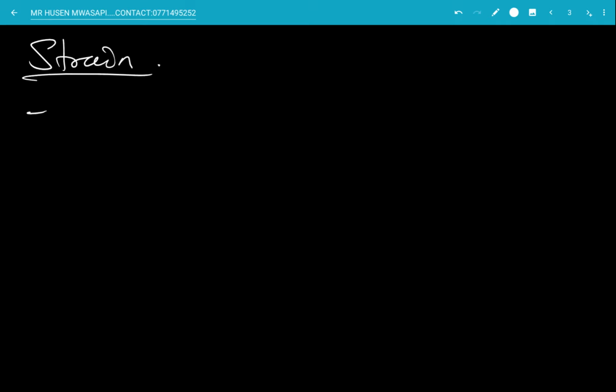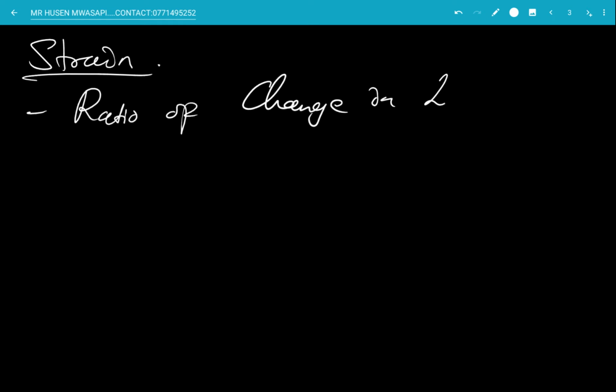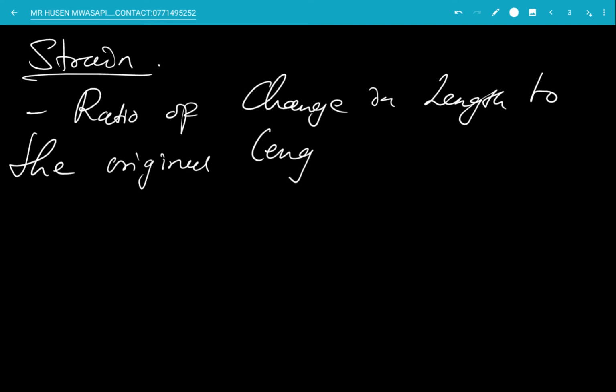So it's defined to be the change in length, so the ratio of change in length to the original length. Let's be mindful of this.